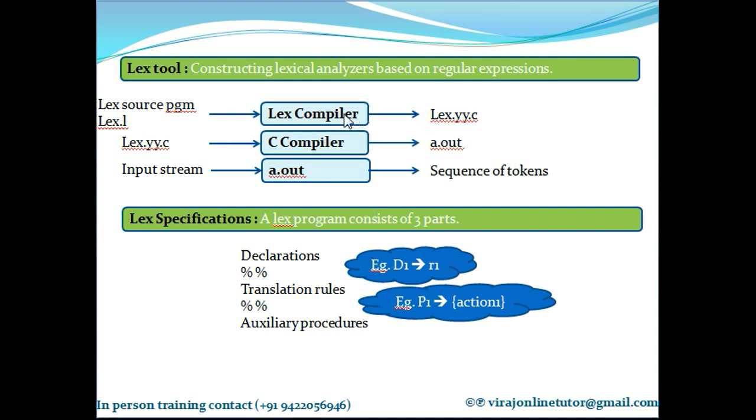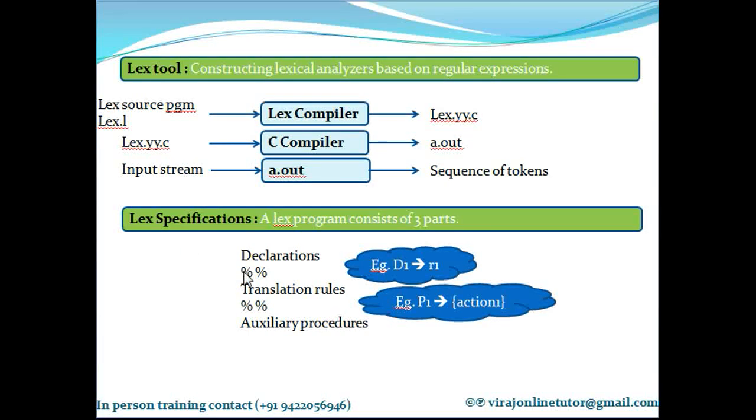This C program is given to the C compiler to generate a.out. I repeat, a.out is your actual lexical analyzer. To this lexical analyzer, I give my input high level program, and it automatically finds the sequence of tokens in it. Clear?